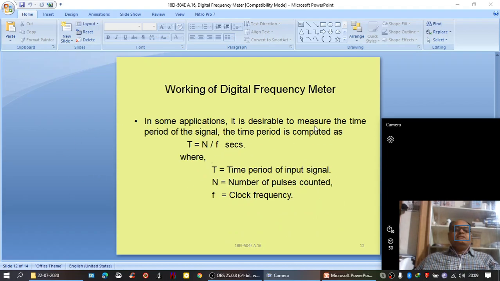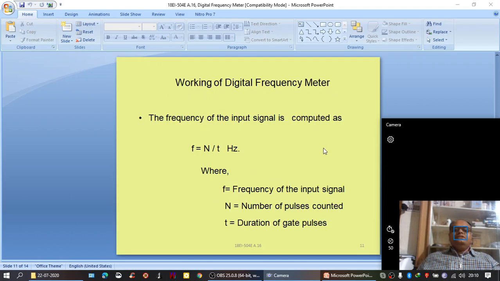In some applications, it is desirable to measure the time period of the signal. In that case, the time period is computed as n by frequency.